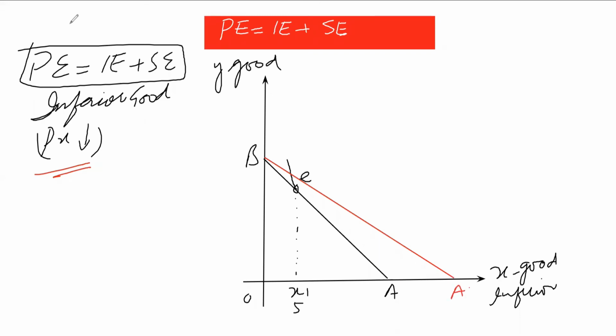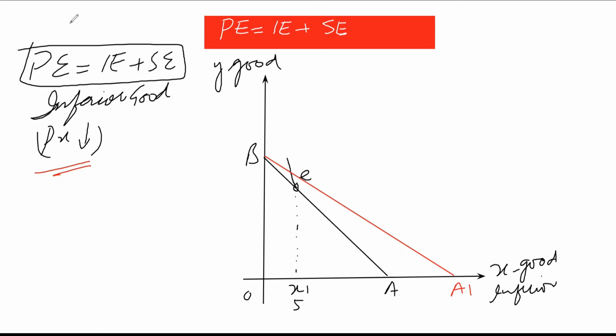The new budget line is BA1, which shows that the consumer's purchasing power for inferior good has increased. Okay, now we will find another equilibrium on the new budget line BA1, that is the red budget line, and the new equilibrium is, suppose, at point E1, where the consumer purchases x2 quantity of inferior good, and let's say this quantity is 7 units.